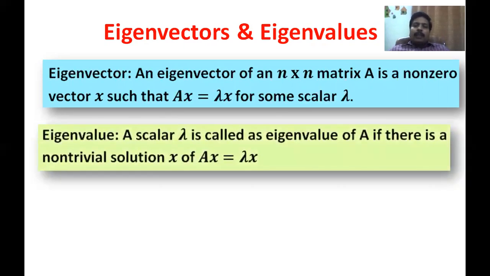Eigenvalue is that lambda. A scalar lambda is called an eigenvalue of A if there is a non-trivial solution x of Ax equals lambda x.